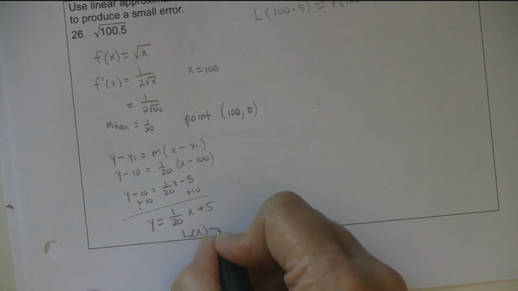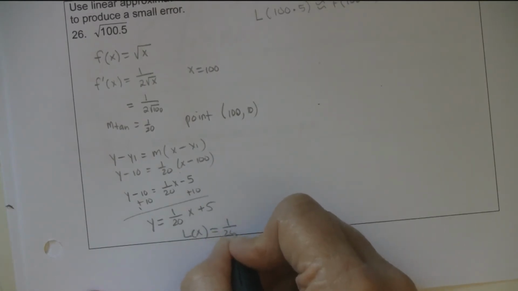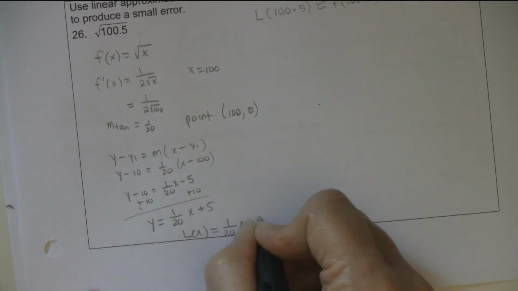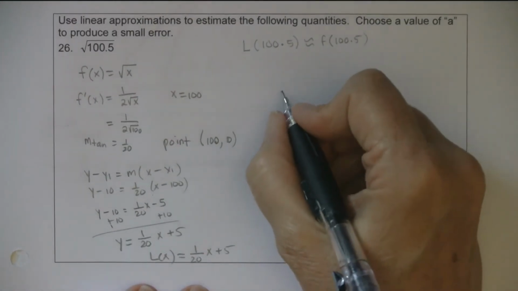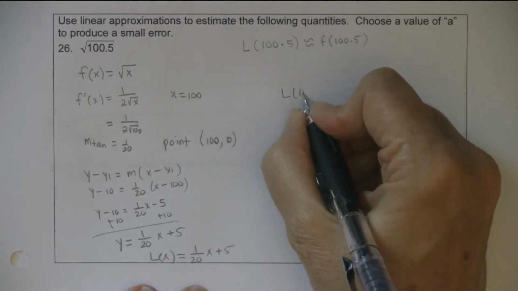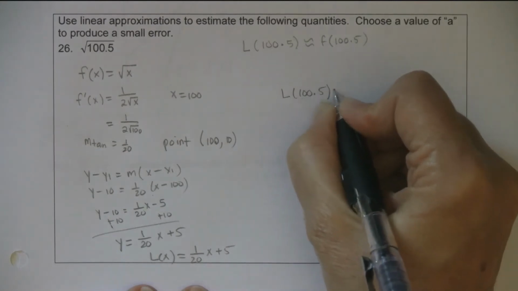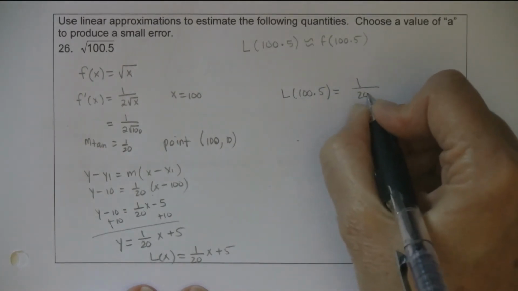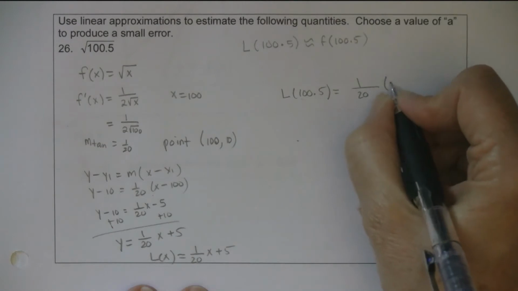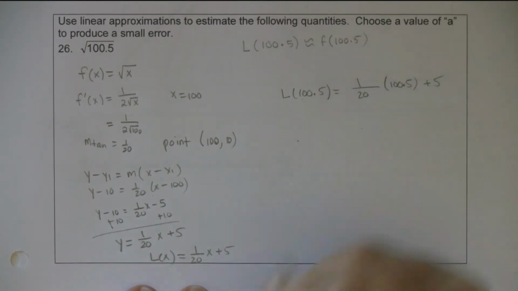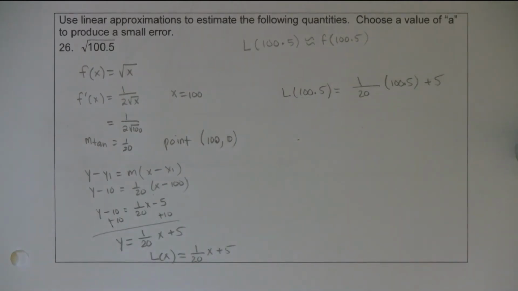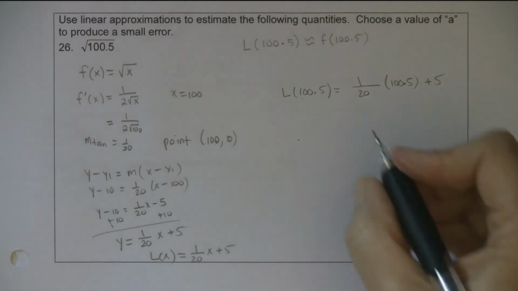And I certainly could put any value in there for x and find out what it is very easily, right? And what I'm going to put in there is L of 100.5. So this is 1 over 20 times 100.5 plus 5. And I certainly can long divide that, add 5 to it, all in my little head.